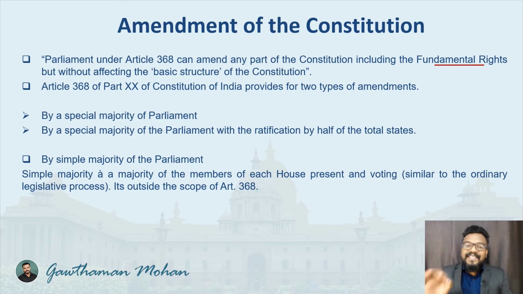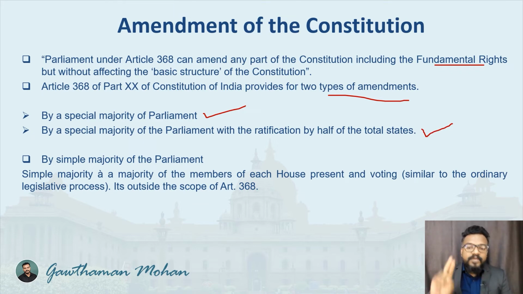Article 368 of the Constitution provides for two types of amendments. Okay, two important types of amendments are given by Article 368. And what are those two types? One, amendment by a special majority of the Parliament. Another one, amendment by a special majority of the Parliament with the ratification of half of the total states.